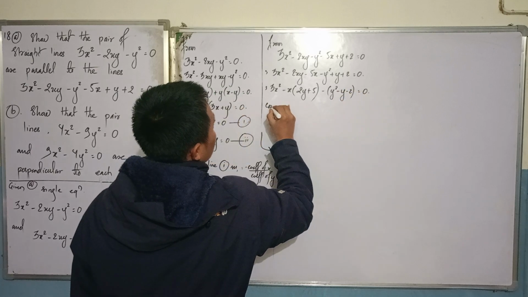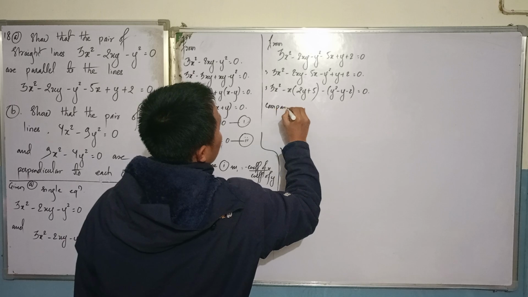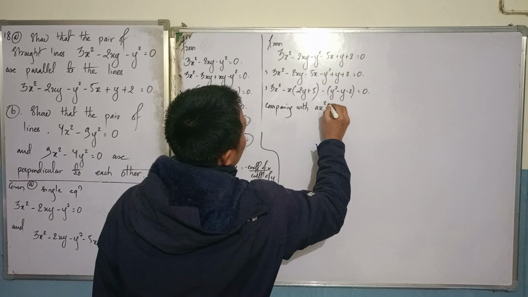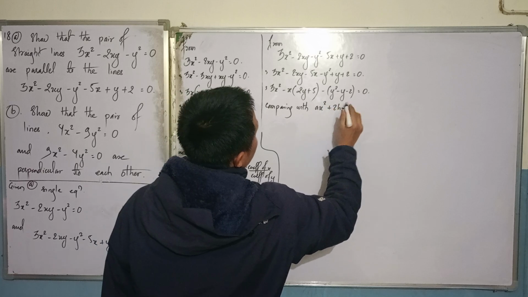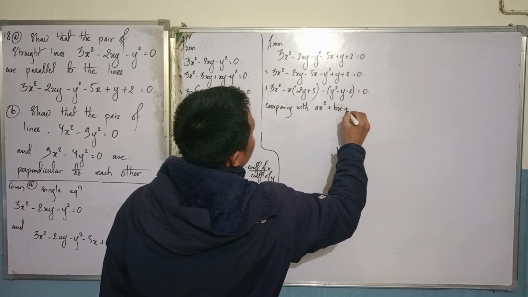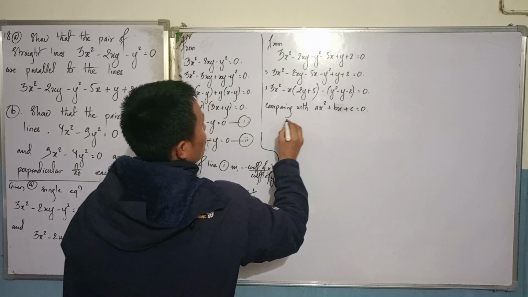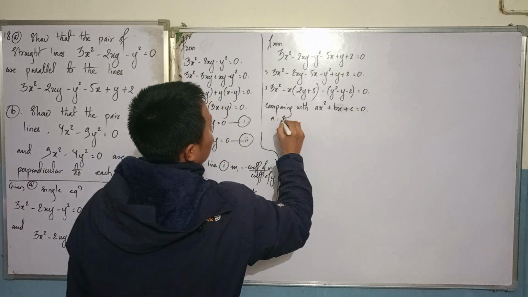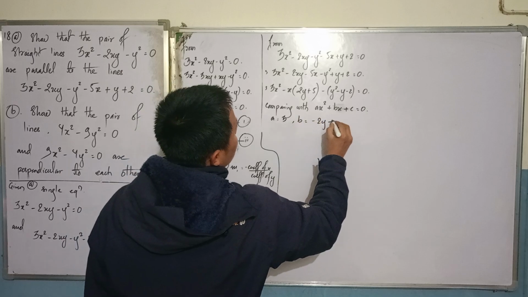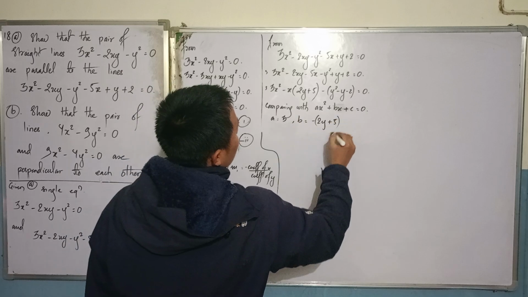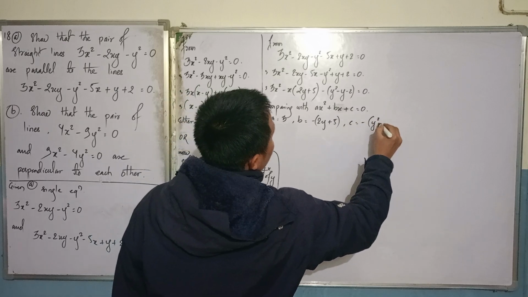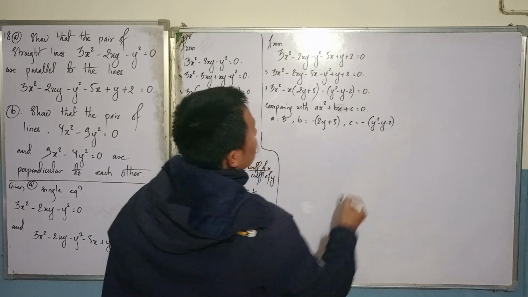Now comparing with ax squared plus bx plus c is equal to 0, you'll get a is equal to 3, b is equal to minus (2y plus 5) inside the bracket, and c we have y squared minus y minus 2.